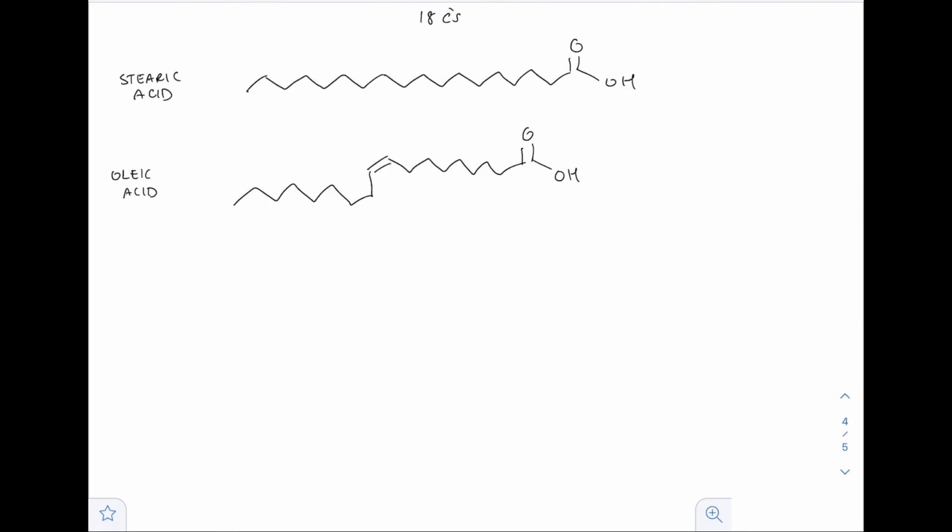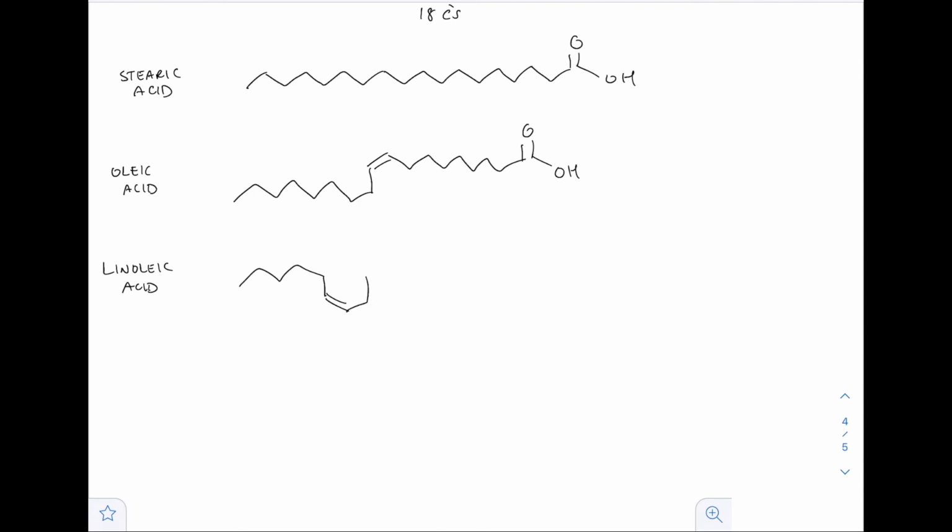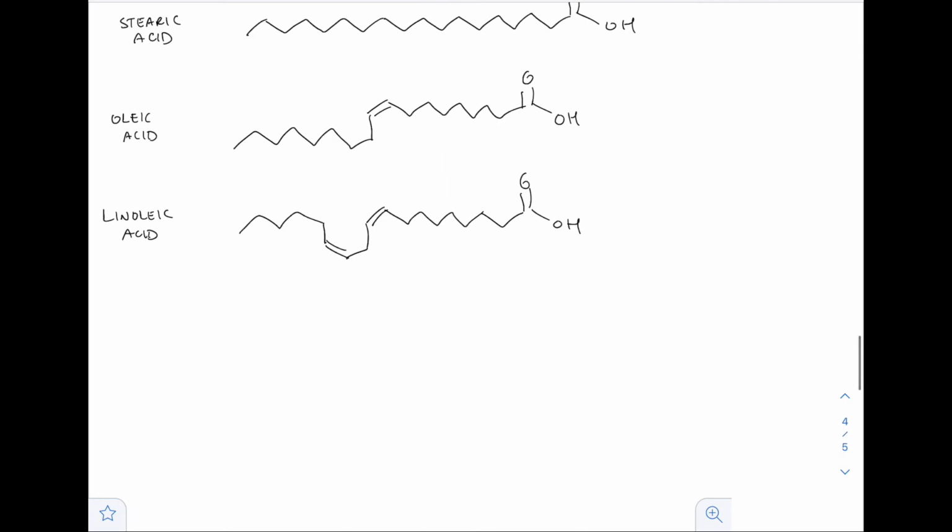Oleic acid does have a cis alkene in it. Linoleic acid also has cis alkenes, but it's more than one. We're going to have these two here, as well as the terminal carboxylic acid. And then the last one is not linoleic, but linolenic.